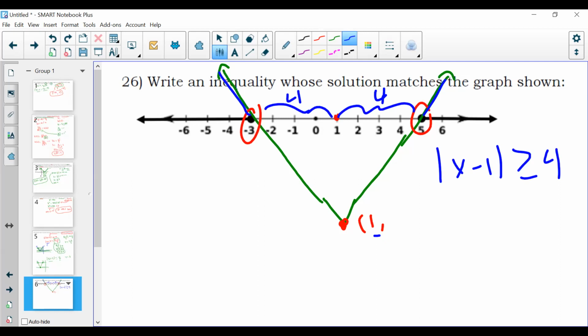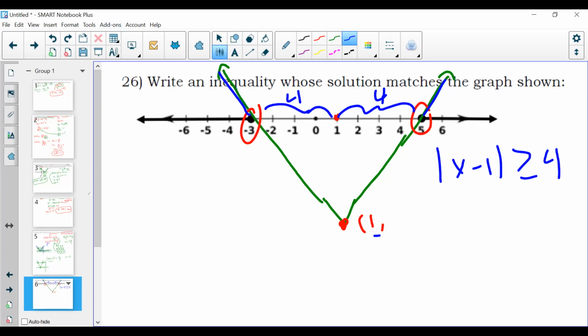It's kind of a loophole, but it is an inequality. But I think what we really wanted was an inequality of an absolute value. This is a better way. I think that was a better way to word that problem, Arjun: write an inequality of an absolute value function that has this solution.